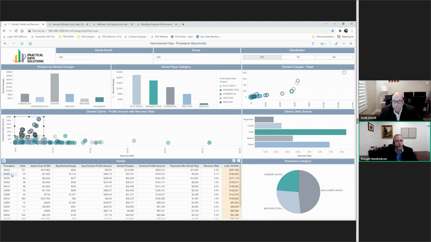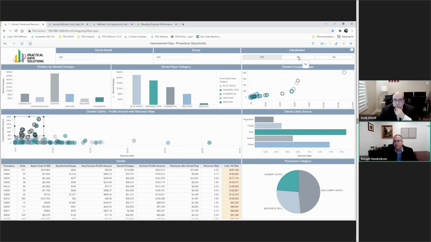And if we look down at the bottom here, you'll actually see the procedure. Here we're blending the contract amount along with the volume of services. And over here on the right in red, it jumps right out at you. This is either lost revenue, if we were to flip the switch here and say it's fully adjudicated, right? That would have been lost revenue by procedure. So we can very quickly start to identify where and even look at which payers we're losing.